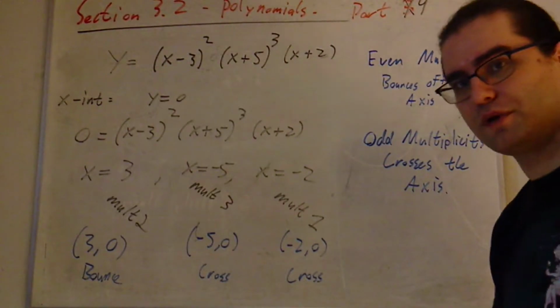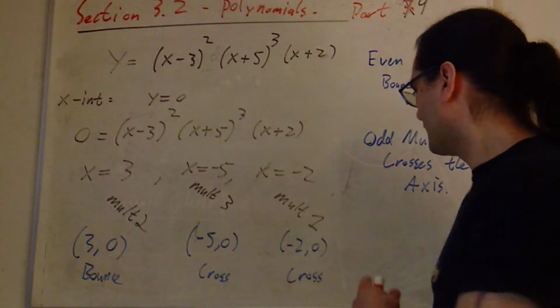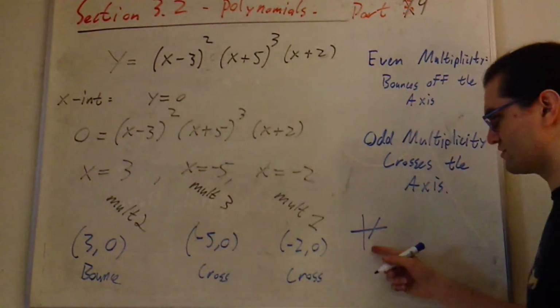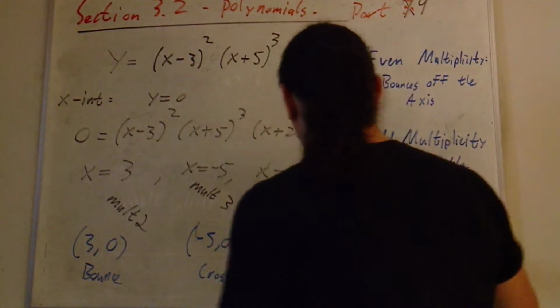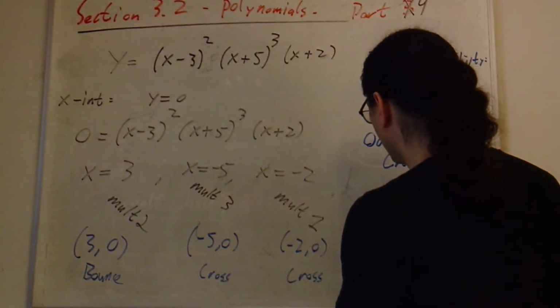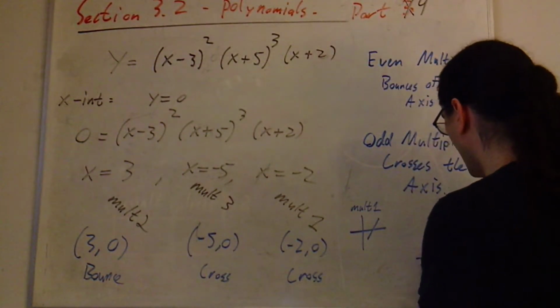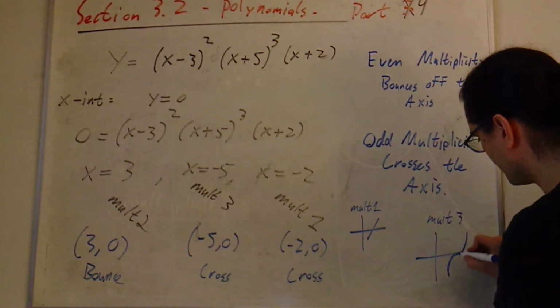If we're going to get extremely pedantic, at multiplicity 1, it sort of just crosses straight through. At multiplicity 3, it does cross, but it gets flat for a second first.